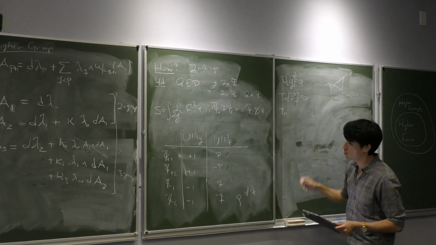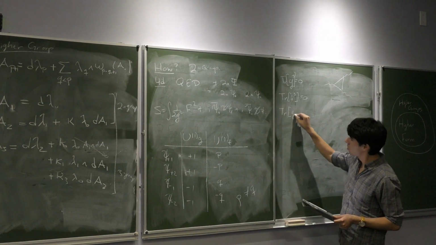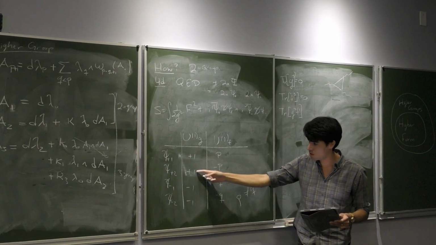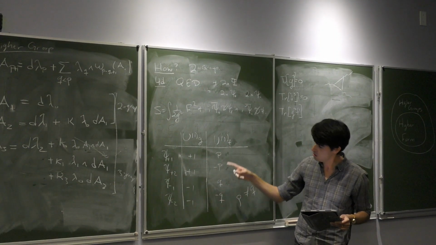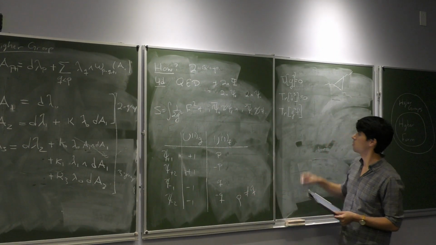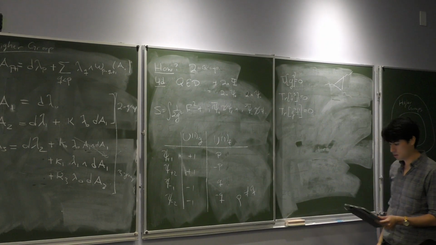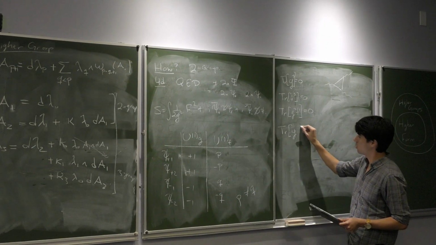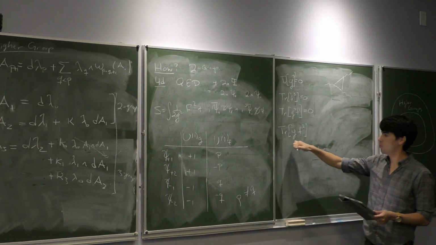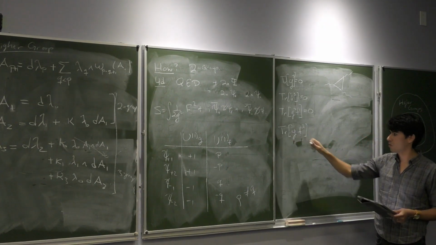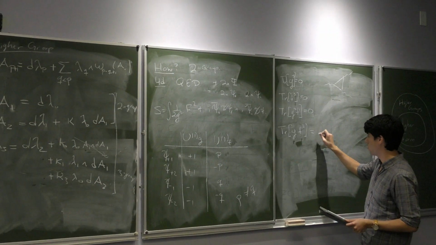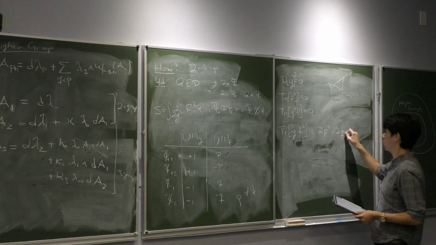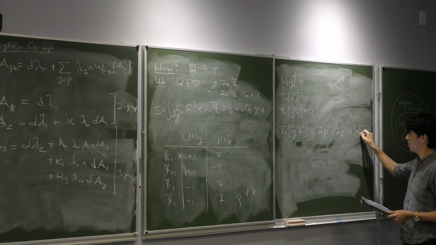Now we can look at the ABJ anomaly, which is G squared F. Since these all square to the same and these sum to 0, this one is 0. But if you look at the anomaly with 1 gauge leg and 2 flavors, you find that it's not 0. You find it's 2p squared minus 2q squared, and I'm just going to call this coefficient kappa.